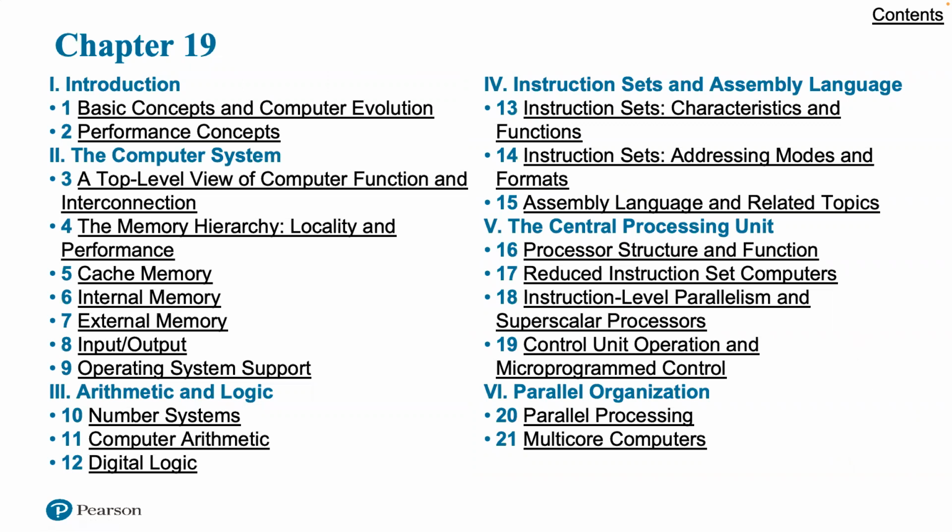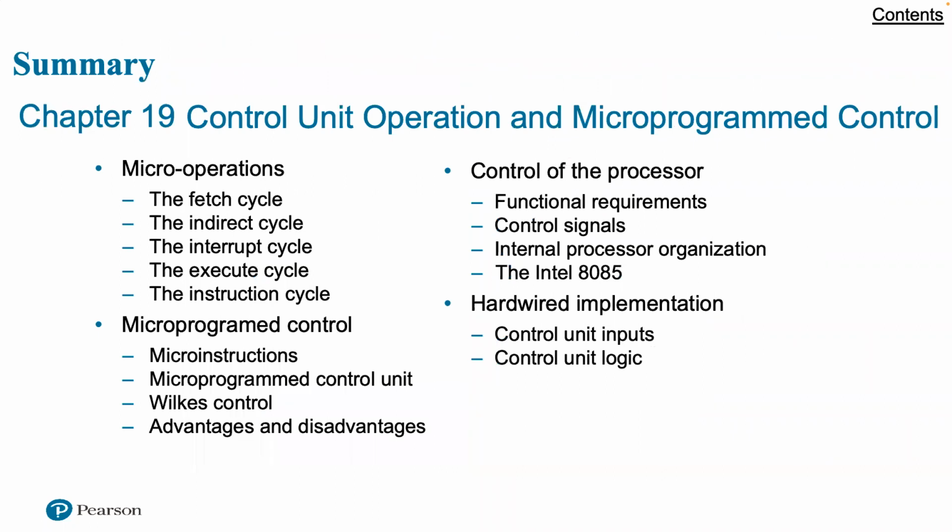And so hopefully you're going to see in earnest the kind of complexity that is in this component, as well as many other things that we have been discussing in terms of how to improve performance in one way or another. So let's go ahead and talk about what we're going to cover. We're going to get into what are the micro operations of fetch, indirect, interrupt, execute, and instruction cycles.